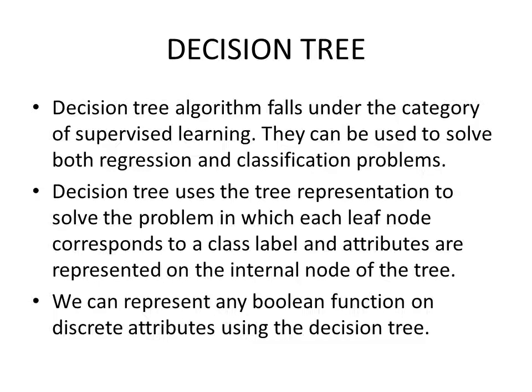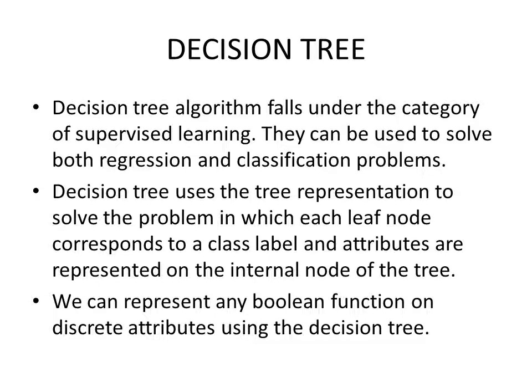A decision tree uses the tree representation to solve the problem, in which each leaf node corresponds to a class label, and attributes are represented on the internal node of the tree.